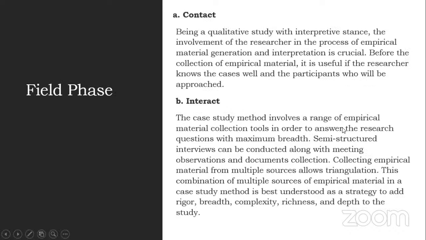Next, the field phase. That's the third stage where you are actually conducting the case study. The first step here, as mentioned, is the contact. Being a qualitative study with an interpretive stance, the involvement of the researcher in the process of empirical material generation and interpretation is crucial, right?